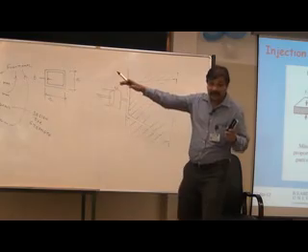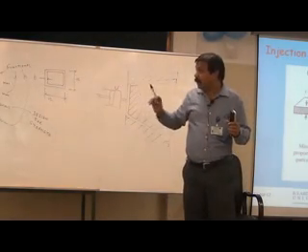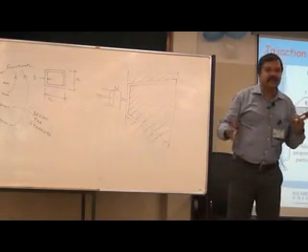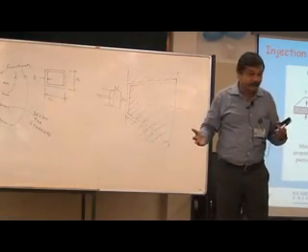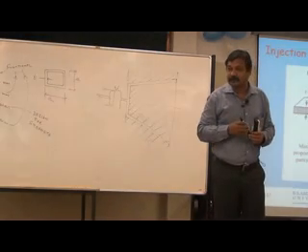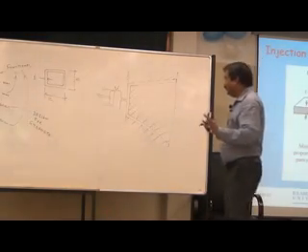That is why the name injection molding. That is why it is called an injection molded part. A typical example of an injection molded part is the bucket that you have in your house.